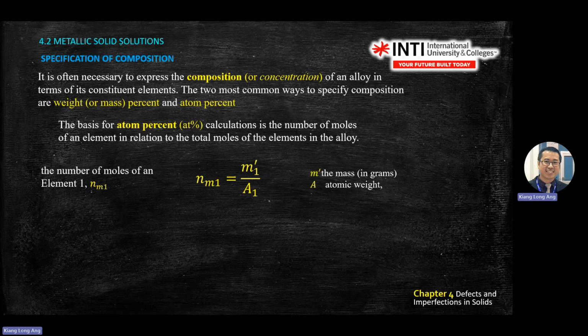You read the atomic weight from the periodic table, in grams per mole. Then you're given, for example, copper 100 gram. The N1 for copper is 100 divided by the atomic weight in grams per mole. So here you get the number of moles.